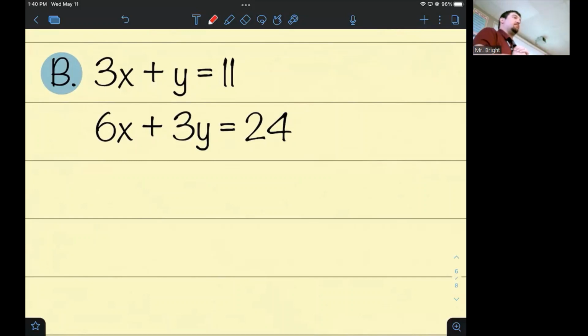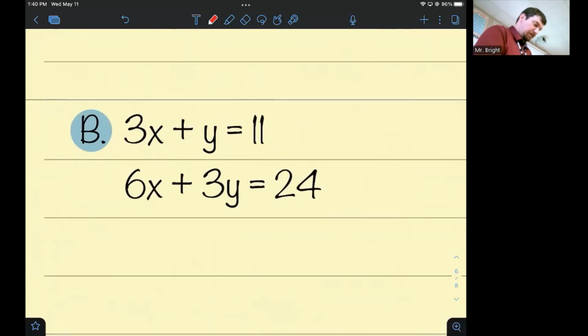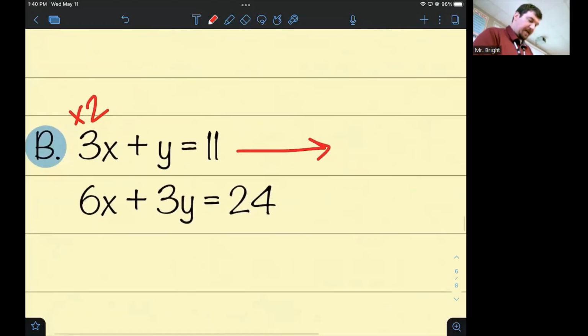What variable should I line up? Deegan? Multiply the top by 2. Okay. So if I multiply the top by 2, that's going to give me 6x. Now, what if I want it to be a -6x? I could multiply by -2.